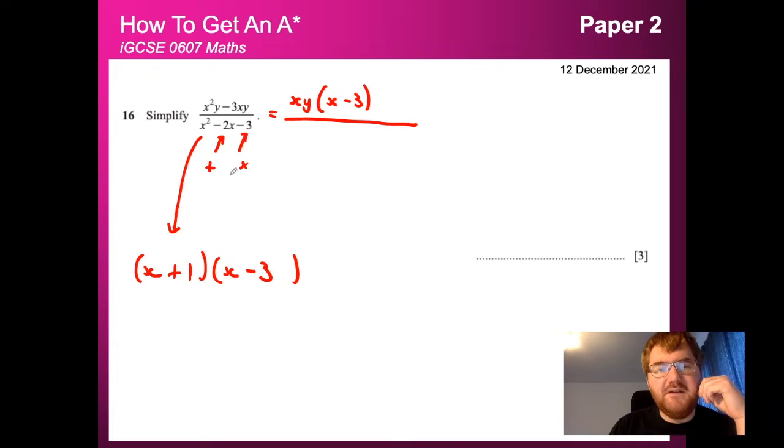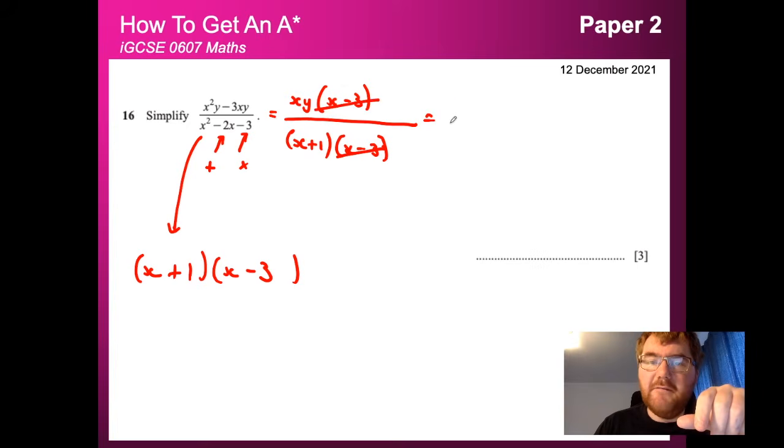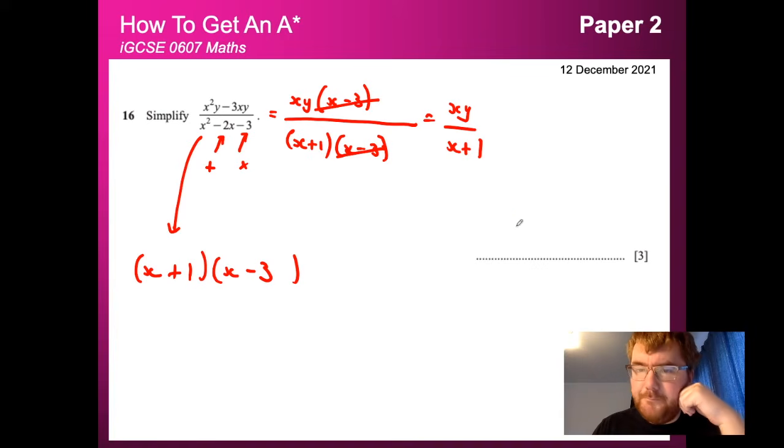Minus 3 times 1 is minus 3. Minus 3 plus 1 is equal to minus 2. So we can factorize this. And lo and behold, we do have a bracket that's the same above as below. And the whole point of this process is that we cancel this. And so we're left with just xy over x plus 1.